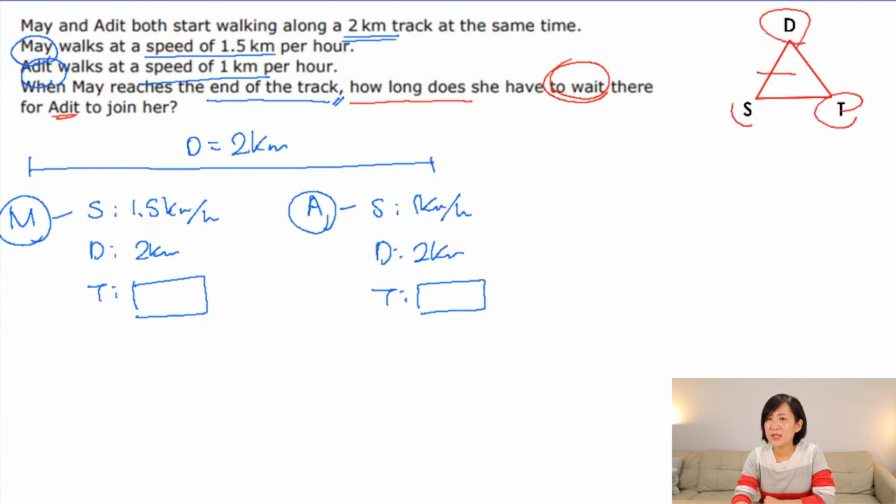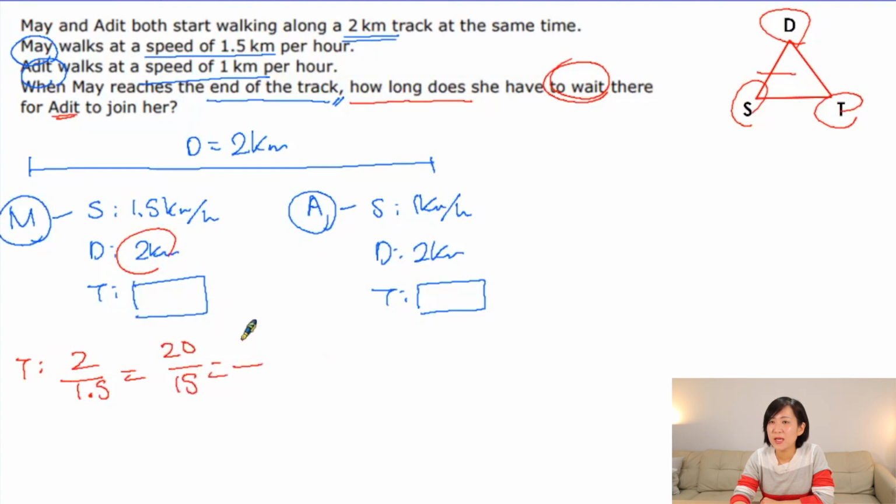Now, time is distance divided by speed, 2 km divided by 1.5. So let's make it 20 out of 15. That is 4/3, and changing into a mixed number, 1 and 1/3. 1/3 of an hour is 20 minutes, right? So it's 1 hour and 20 minutes.